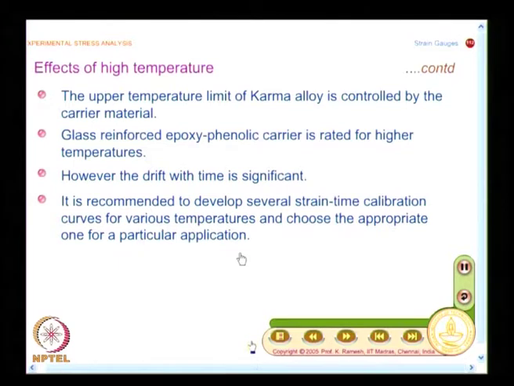There is no escape. See, if you want to make strain measurements for critical situations, you need to do more work. Do not think I go paste the strain gauge, look at the strain meter and then come back and say this is what the strain measurement is. This will not be the correct value.